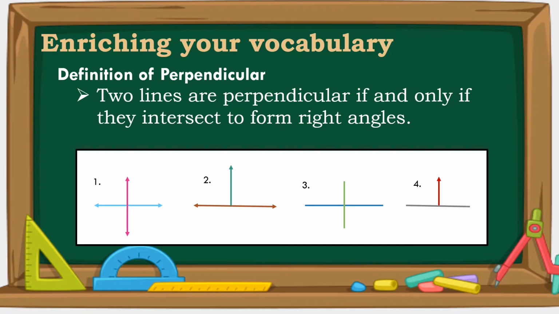The fourth figure, a line segment perpendicular to a ray, and it forms two right angles. Take note that perpendicularity is not limited to lines. Line segments and rays can also be perpendicular.